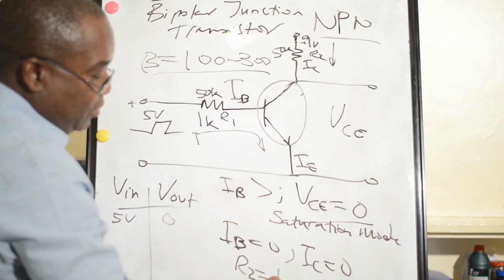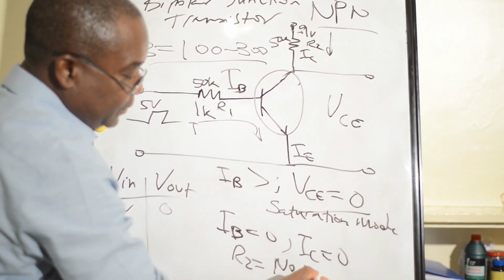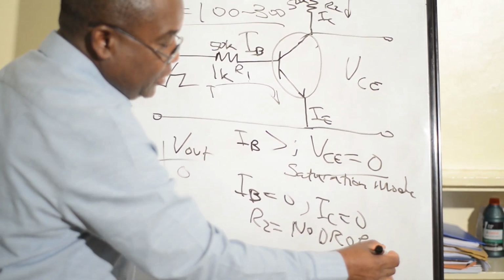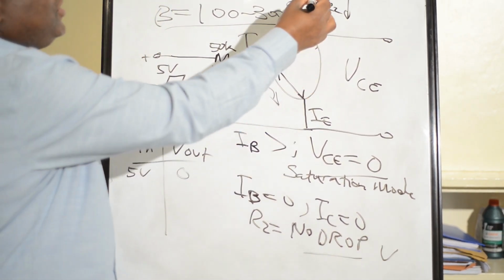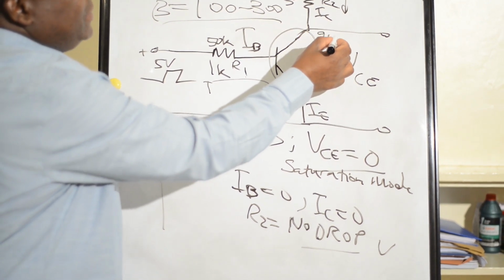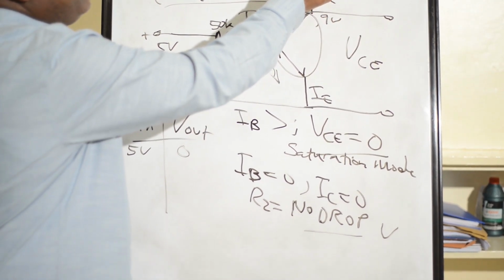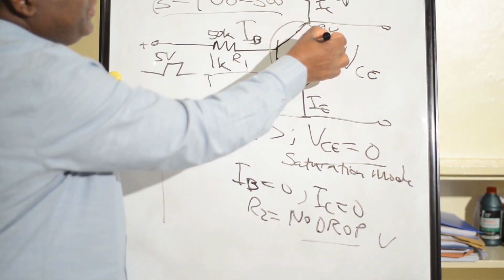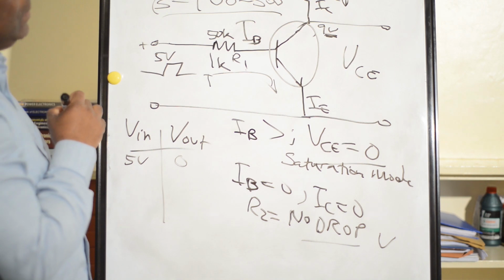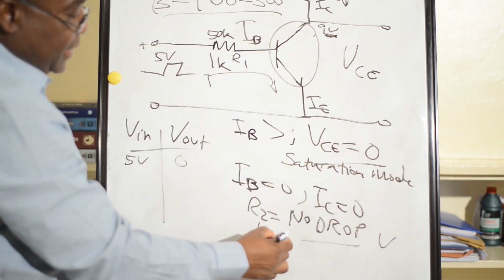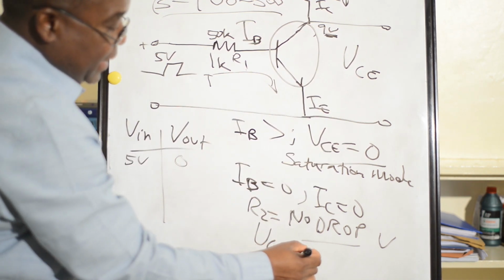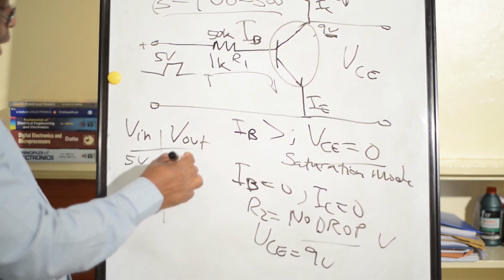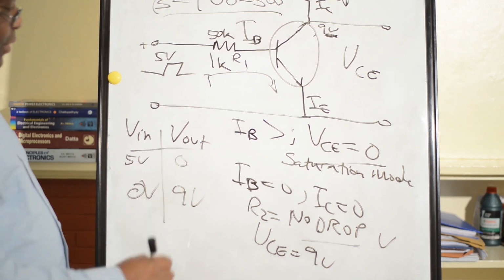No voltage drop. So 9 volts will appear here, at VCE. So our VCE will be 9 volts. So at 0 voltage input, output will be 9 volts.